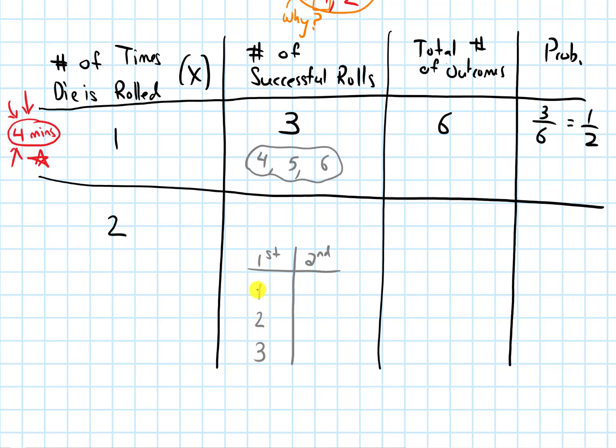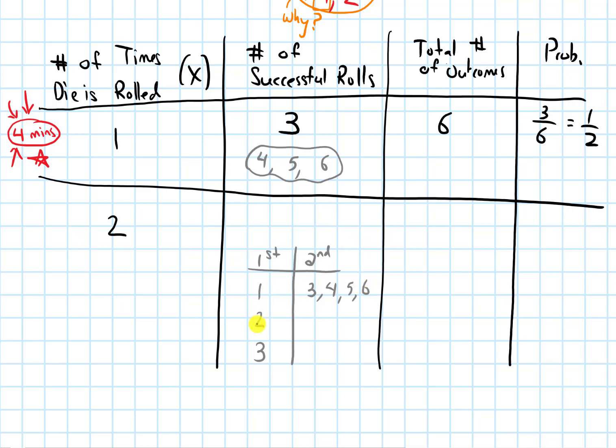Okay, if the first roll is a 1, then the second roll now needs to make the sum greater than 3. So the smallest the second roll could be is 3, because then the sum would be 4. It could also be 4, because 1 plus 4 would be 5, and the second roll could also be 5 or 6. So if the first roll is a 1, the second roll could be 4 possible things: 3, 4, 5, or 6.